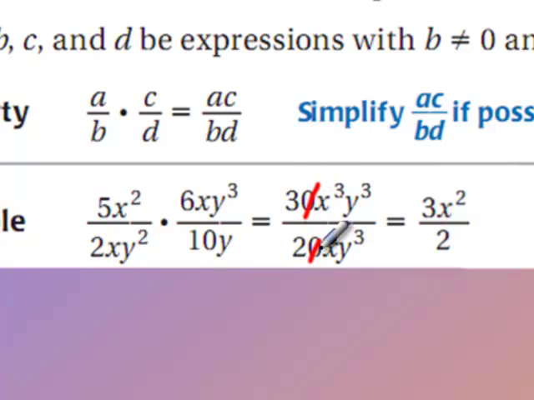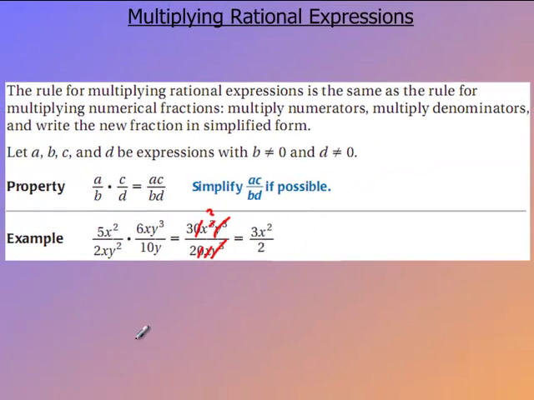Then I have 3 x's on top and 1 on the bottom, so I can cancel out 1 from both the numerator and denominator, leaving me with x squared. And since I have a y cubed in both the numerator and denominator, they cancel out completely. So I'd be left with 3 halves x squared, and that is multiplied and simplified.